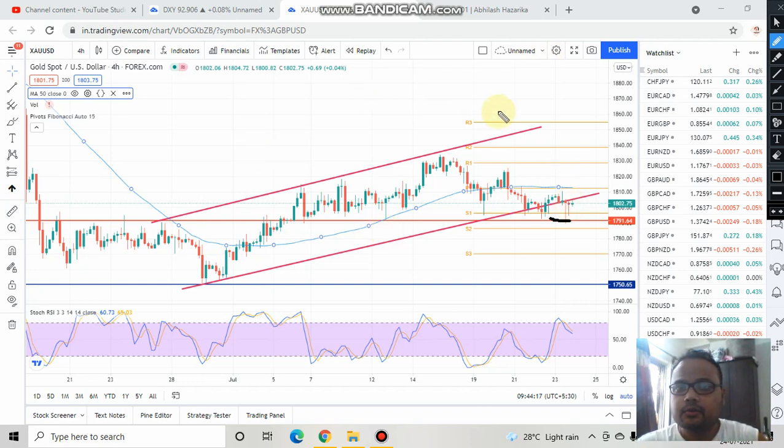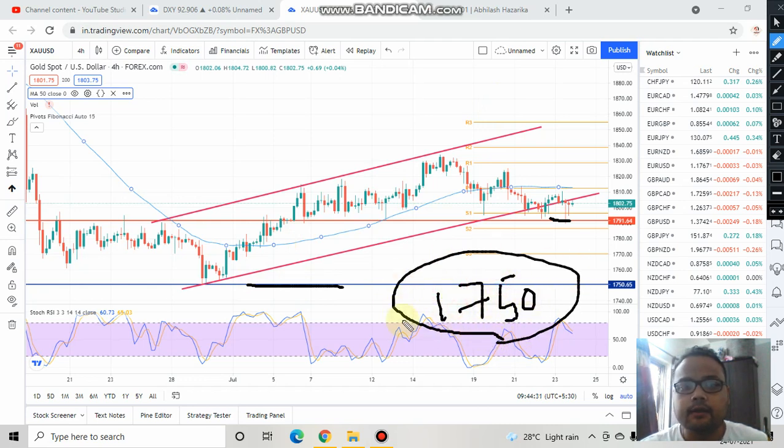Overall the setup of the gold USD chart remains the same, nothing has changed much. This blue line, 1750, is still the ultimate support for the market. On the other hand, this red line was kind of a temporary support for the market, but right now you can see that the market is constantly taking support at this level.